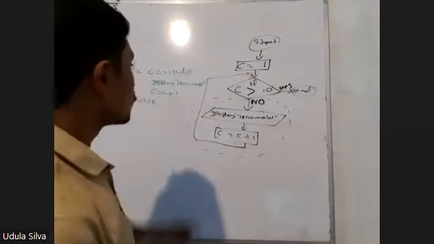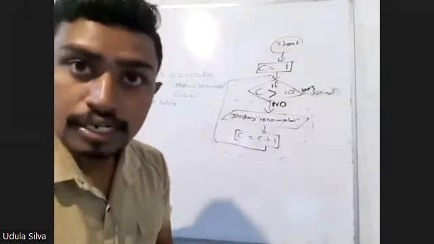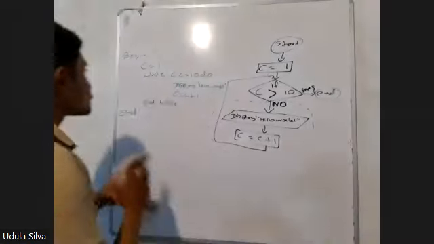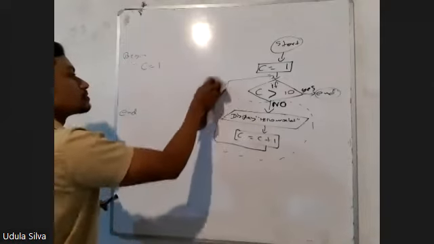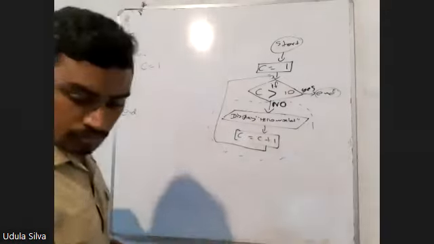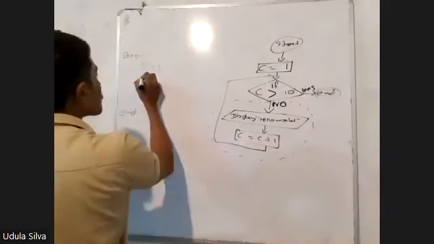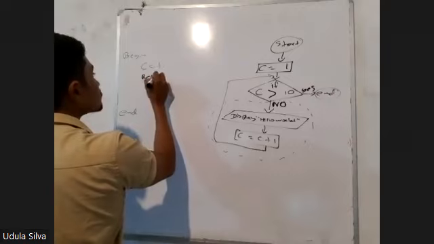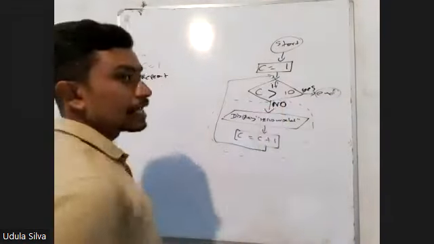Fine. Then how to change the flow chart here? Sorry, the pseudocode here. How to change the pseudocode? C equal 1, right? Then repeat.